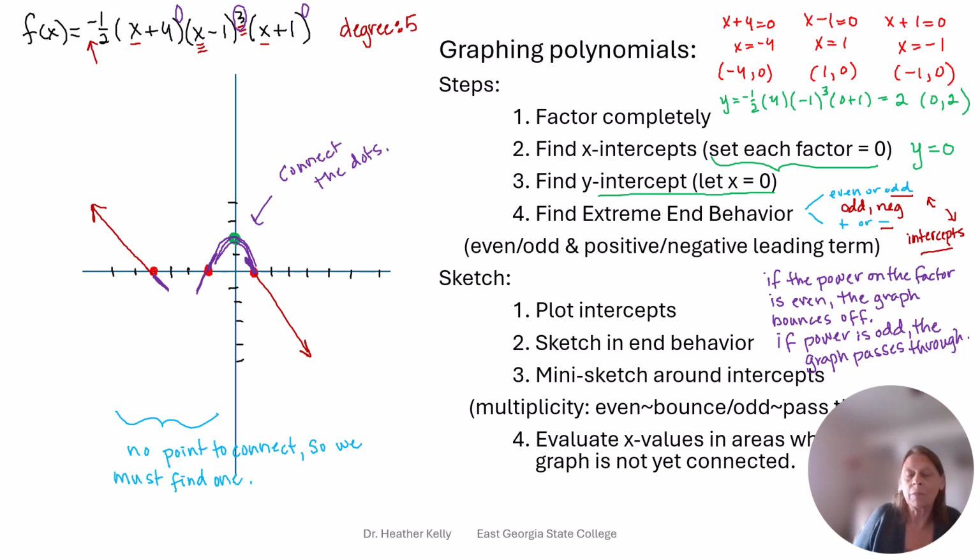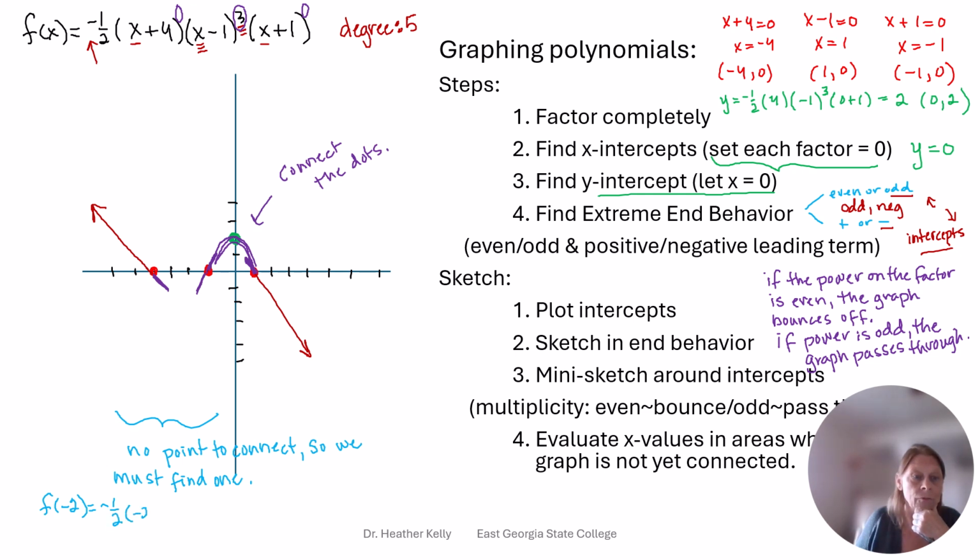Now, this doesn't mean that you have to find the exact point that's precisely between -1 and -4. It just means you need to find a value between -1 and -4 and figure out what that function value is. And I'm just going to find f of -2. Okay, so I'm going to plug in f of -2, just like I plugged in 0, I'm going to plug in -2.